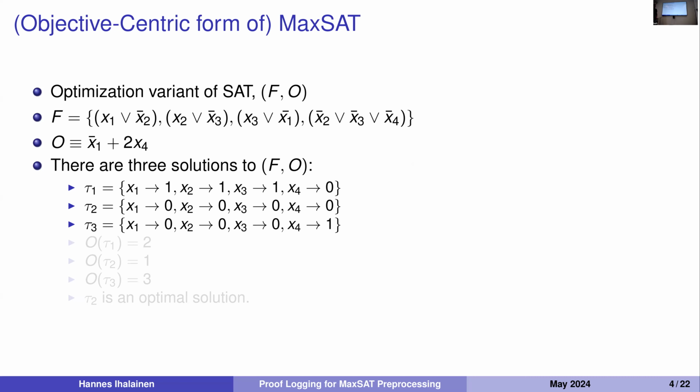So we can assign x1, x2, and x3 all to true. And then we have to assign x4 to false. And the other 2 solutions assign all of these 3 variables to false. And then we can assign x4 to either true or false.